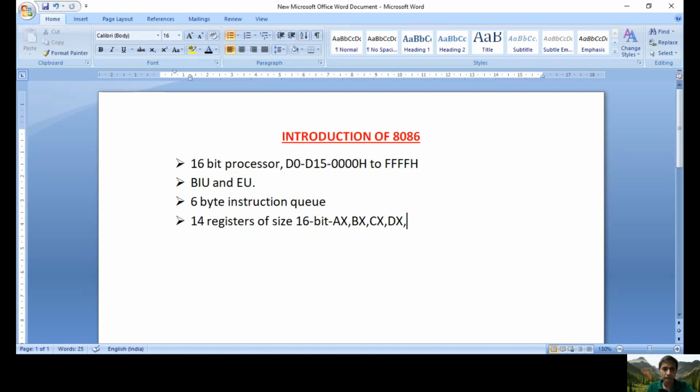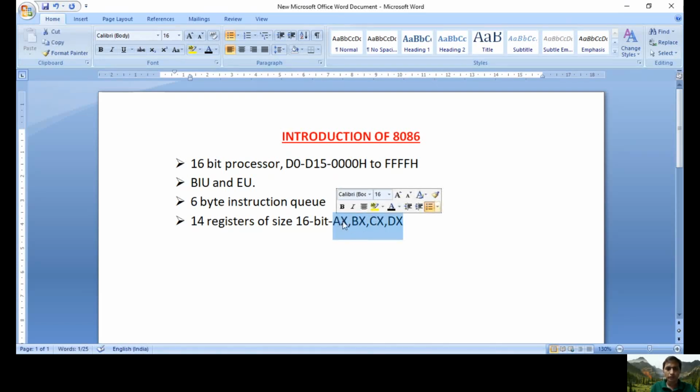Anyway, in register organization I will explain, but these four are AX, BX, CX, and DX. These four are called general purpose registers, and 4 segment registers are available, pointer and index registers are available, and the flag register is available. Stack pointer and base pointer registers are available, making a total of 14 registers, and the size of each one is 16-bit.